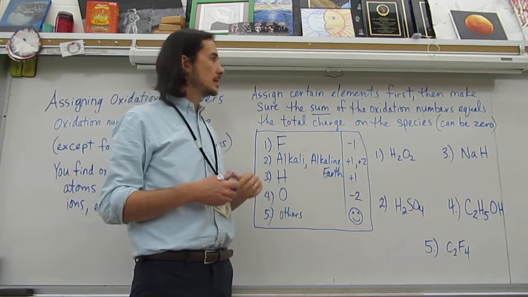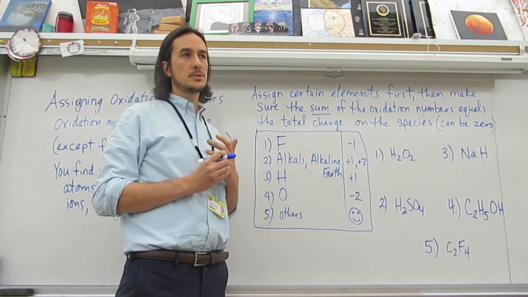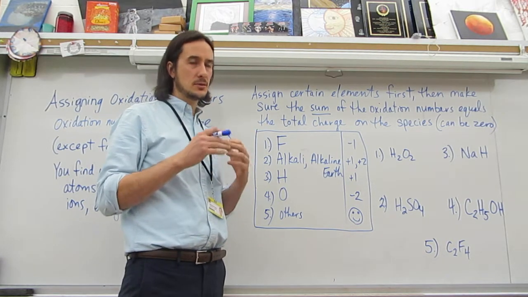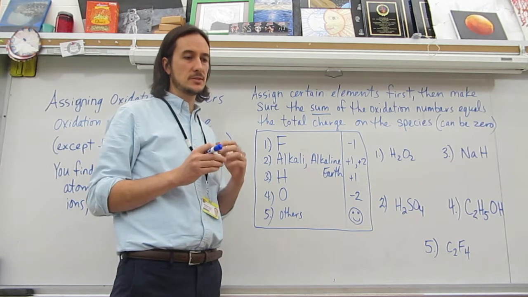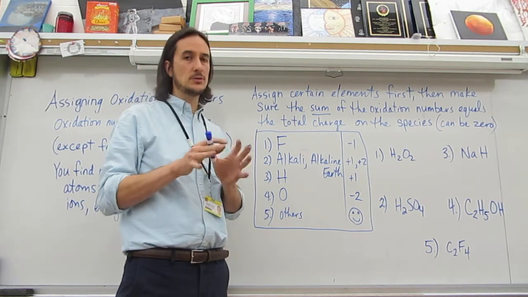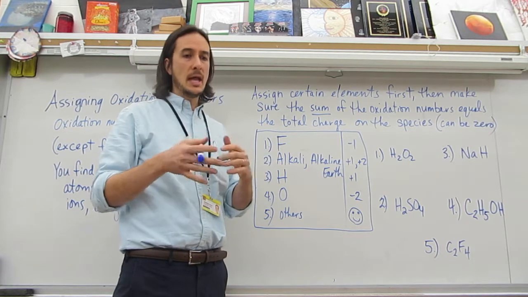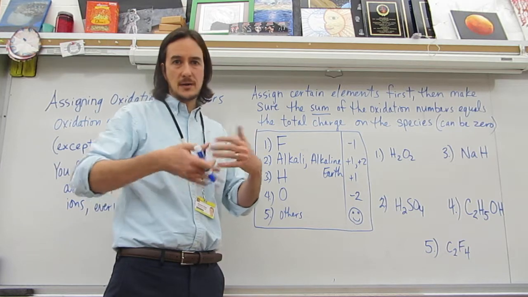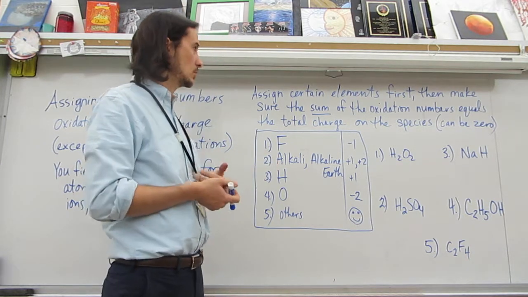You're going to go in a certain order. Some elements are more prone to having certain oxidation states, and so you make sure you pay attention to those elements first. They're going to do what they're going to do, and then the other elements that are with those elements have to go along with it.